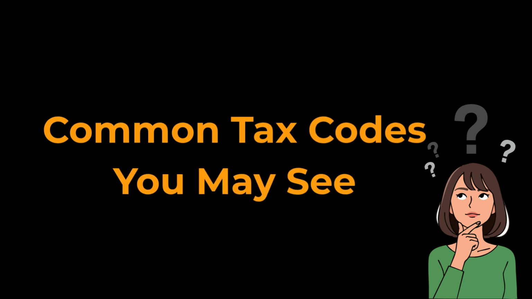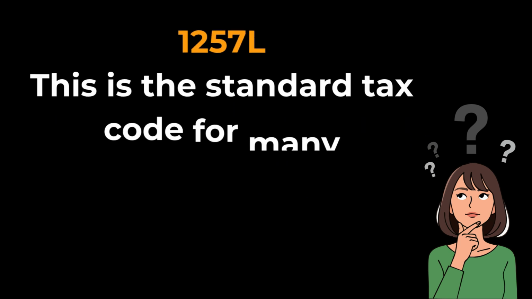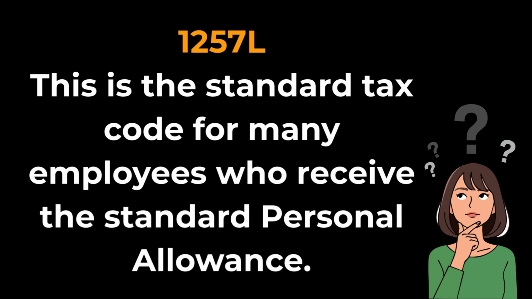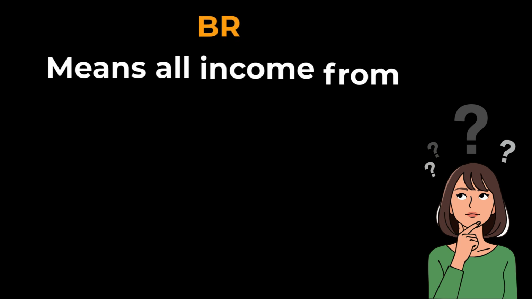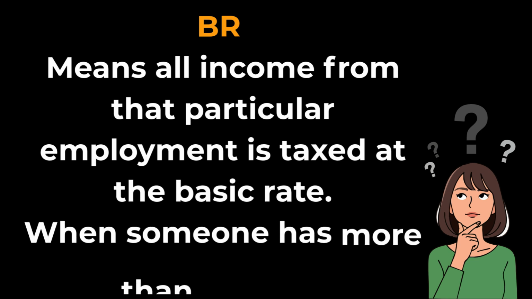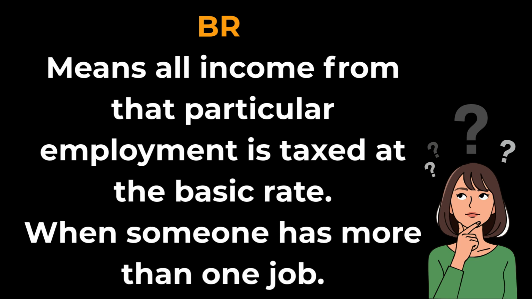Let's look at some examples. Obviously the first one would be 1257L. This is a standard tax code for many employees who receive the standard personal allowance. BR stands for basic rate. This code generally means all income from the particular employment is taxed at the basic rate.